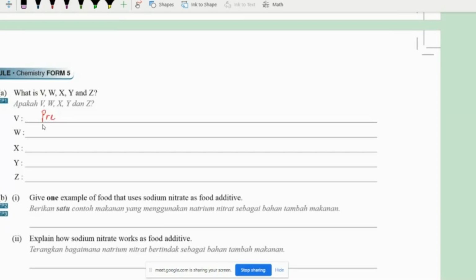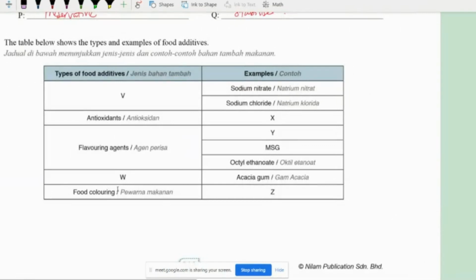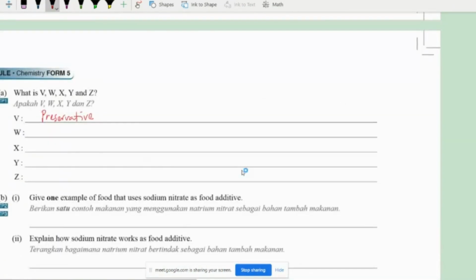Yes, preservative. How about W? Here, acacia gum. Okay, thickeners. Actually, it can be stabilizer also. Both can be accepted.